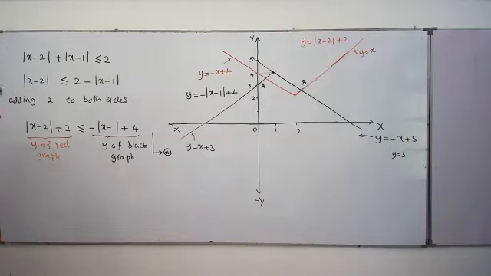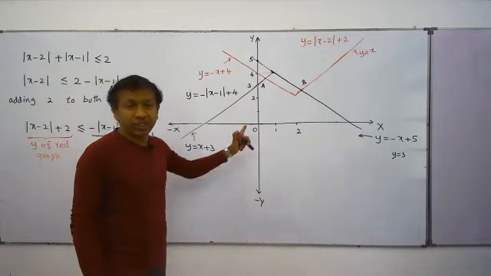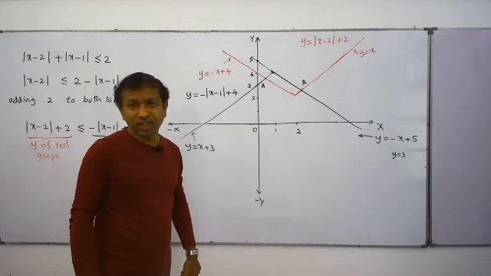Write down. Starting from here, come up to this. Now, sometimes if you have not used your own colors, red and black, you have to write the statement.